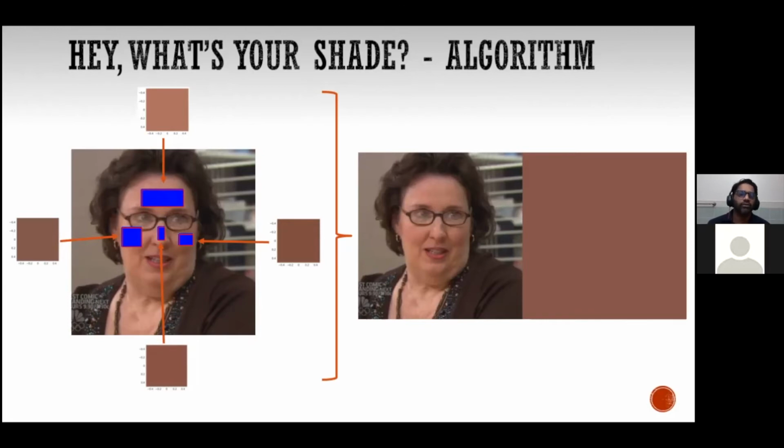And so that process was repeated 10,000 times for each of the 4 areas identified, and then all that information was aggregated together to then determine a median value, which is ultimately the average or the median color for this image. So here's the image of Phyllis, and then the color that we determined for her skin color.